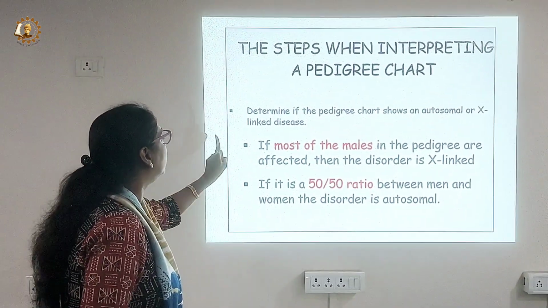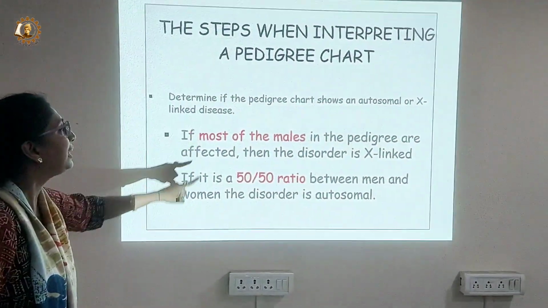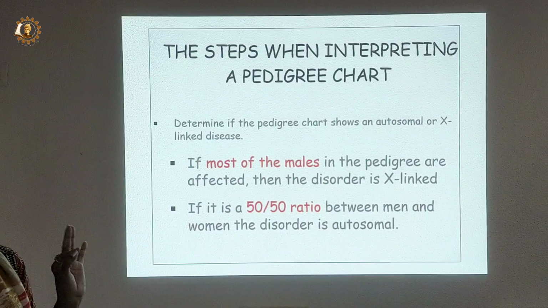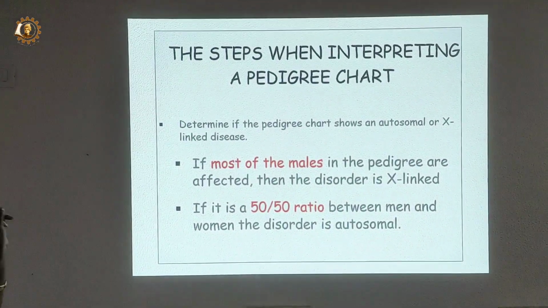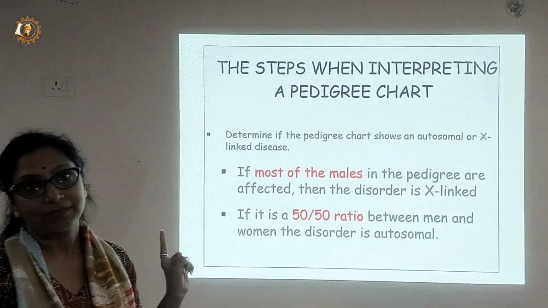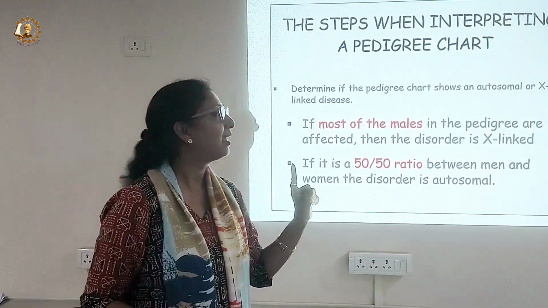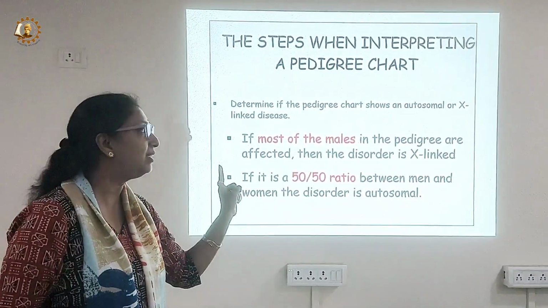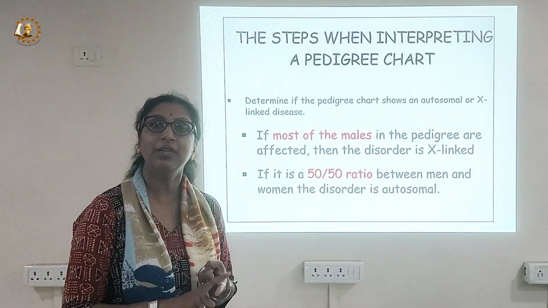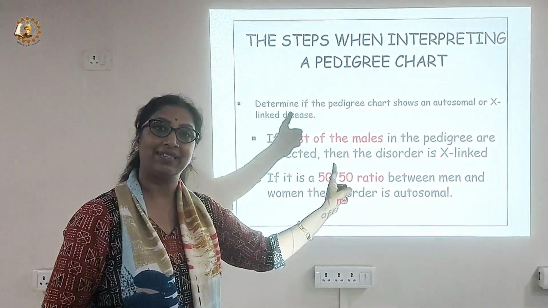This is the most important thing: in the case of X-linked disorders, or mutations related to the X-linked part, most of the males in the pedigree are affected. Please remember this. Most of the males in the pedigree are affected whenever the disorder is related to an X-linked gene.